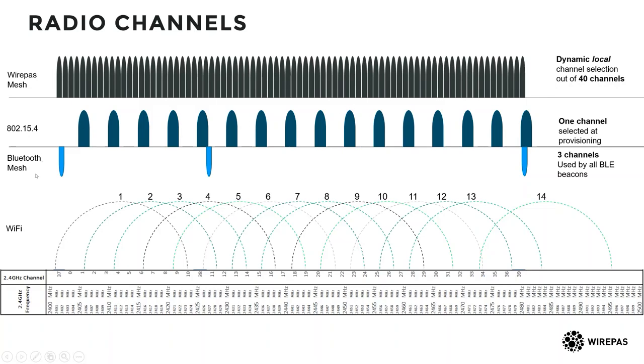And so what this means is that you're least likely to get interference across an entire building or campus because you're staying away from the common channels used of 1, 6, and 11.